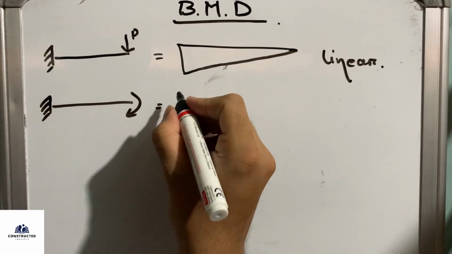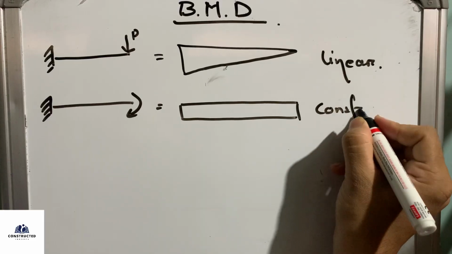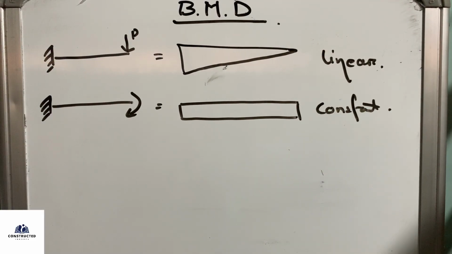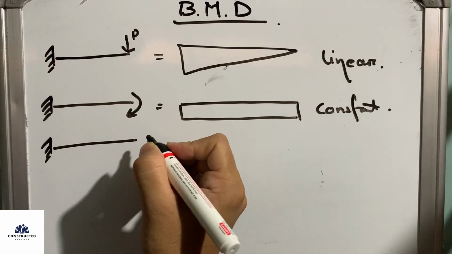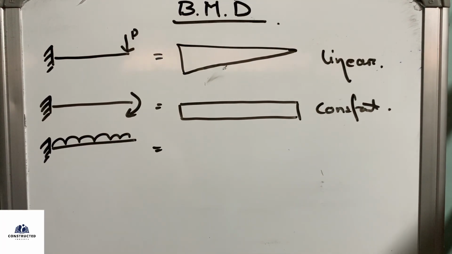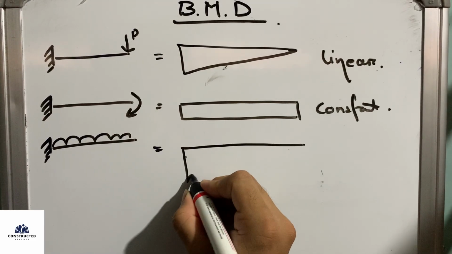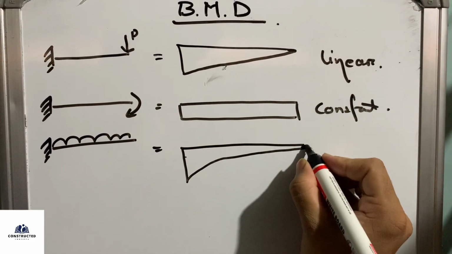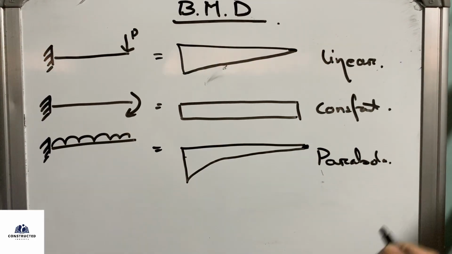The sign convention also is very important, whether it will be plus or minus. I'll discuss that in the next part. A cantilever beam with moment, the bending moment diagram will be constant. A cantilever beam with UDL, uniformly distributed load, is parabolic.